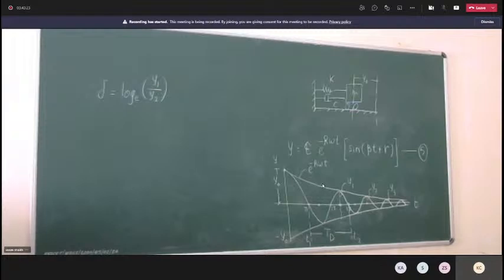Right? So logarithmic decrement is defined as the natural log of the ratio of two successive peak amplitudes on the same side of neutral position.